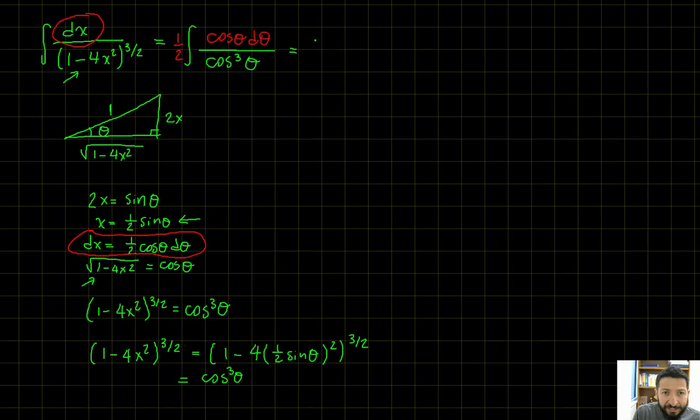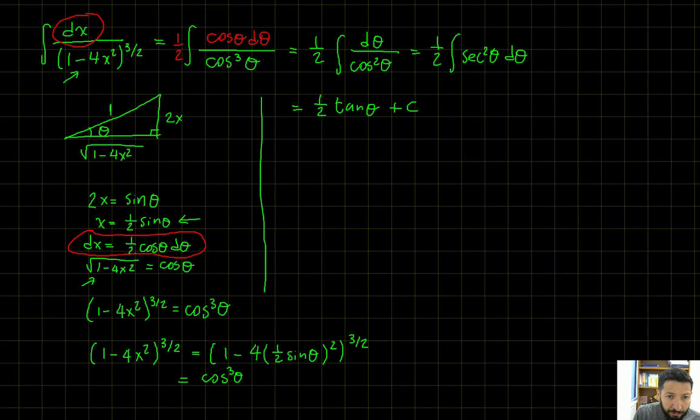So in this particular case, now we get 1/2 of the d theta over cosine squared of theta. Now that's the secant squared. If we write it as 1/2 secant squared of theta d theta, and now you know that that integral is going to be equal to 1/2 of the tangent plus c. Let's separate this out. And what is the tangent?